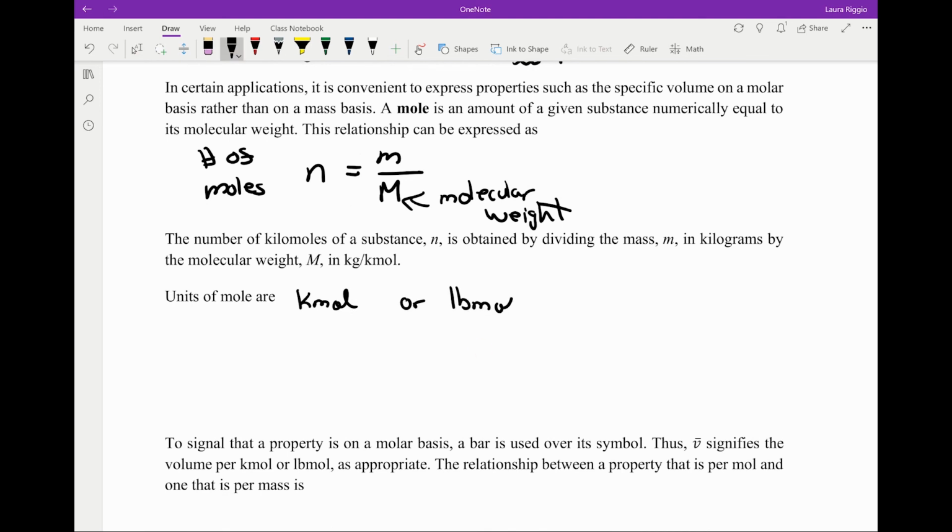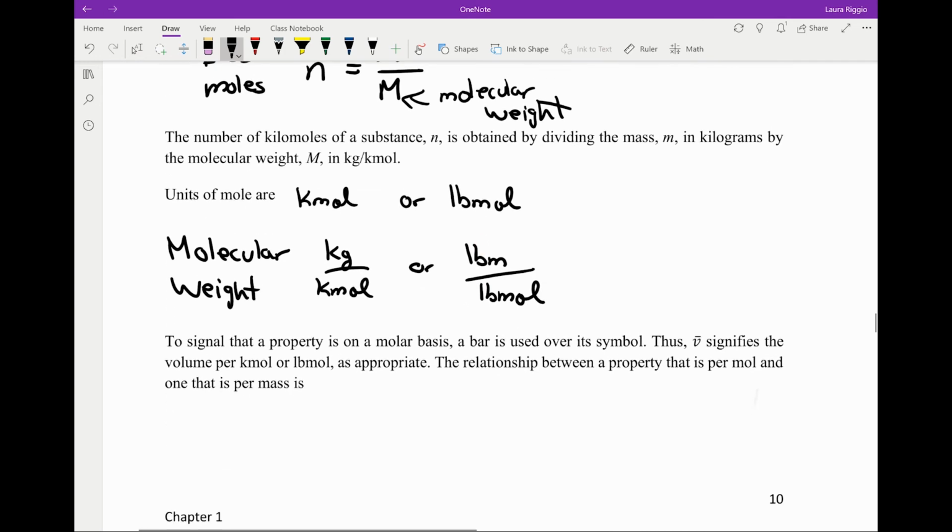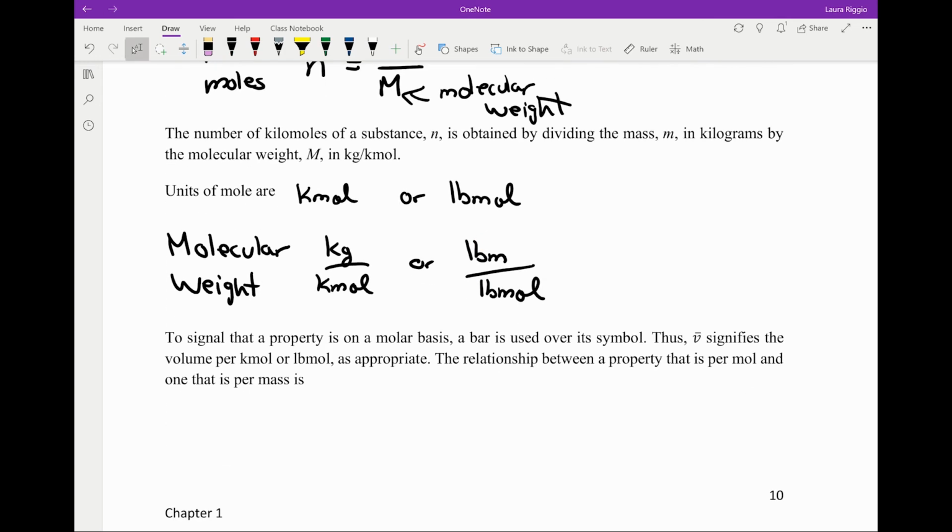or pound mole, and for our molecular weights, it's kilograms per kilomole or grams per mole or pound mass per pound mole. If a property is listed on a per mole basis, we're going to put a bar above it.